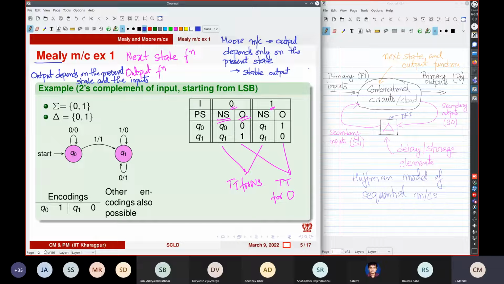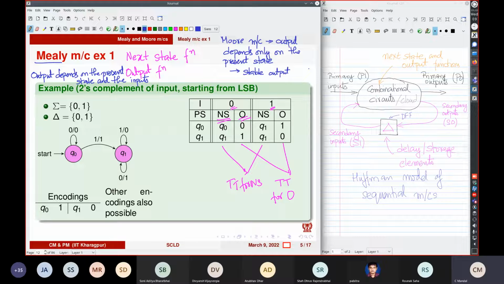It's possible that a certain encoding will lead to a combinational circuit with less number of gates, whereas some other encoding might require a combinational circuit with more number of gates. But the behavior doesn't change. The behavior of the machine remains the same because your behavior is defined by the truth table, right?